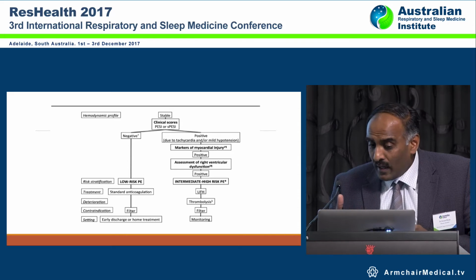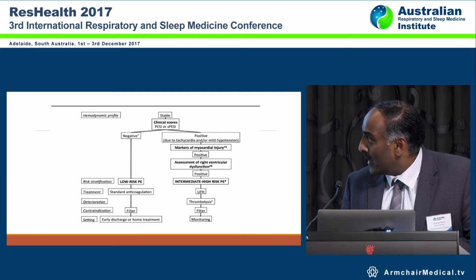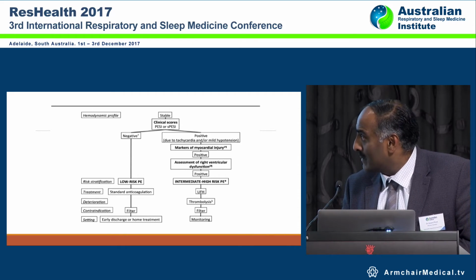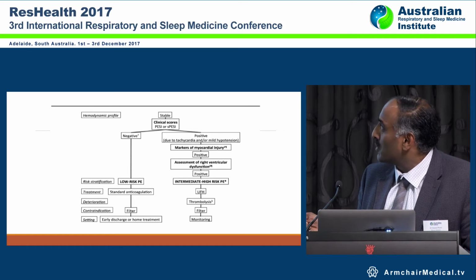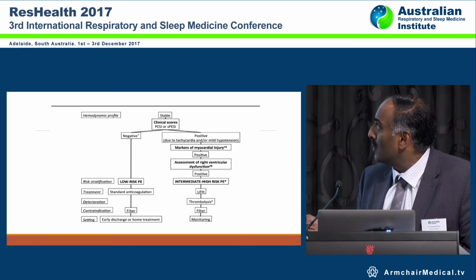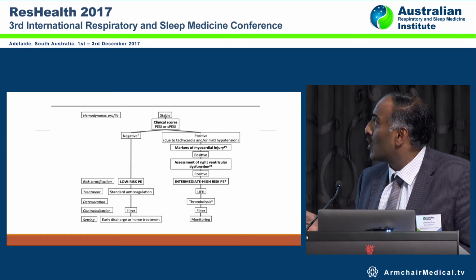So, in the article by Jimenez in Emergency Medicine, this is the flow chart which is recommended, which is actually quite reasonable. Run the PESI score, if it's positive, look for markers of myocardial injury. And this invariably stratifies low, intermediate-low, and high risk.